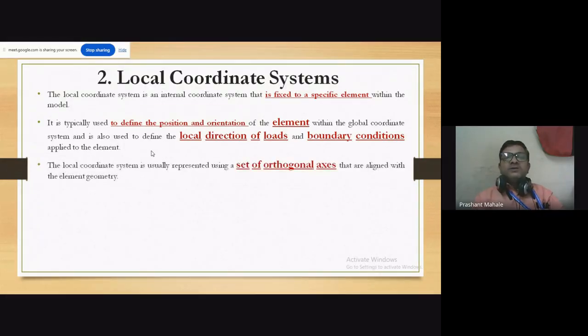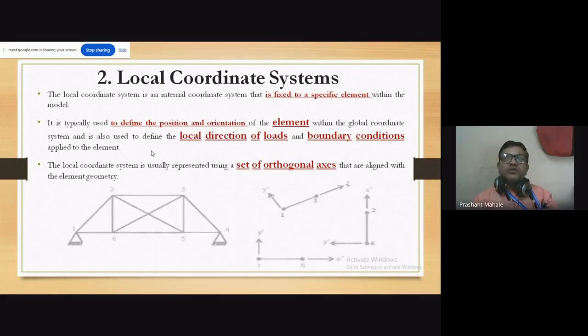The local coordinate system is usually represented using a set of orthogonal axes that are aligned with the element geometry. What is the meaning of that? I'll show you.